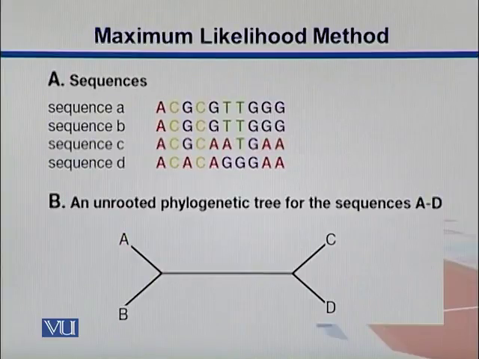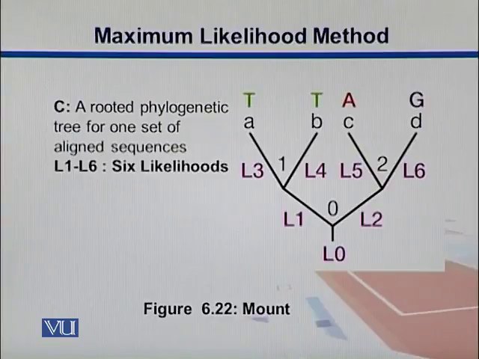Here is how we can elaborate, using the example from Mount's book. You come up with four different sequences, A, B, C, and D. We align them, and we can come up with an unrooted phylogenetic tree for these sequences. Then we incorporate the roots in those phylogenetic trees, and we can come up with different likelihoods or different scenarios.